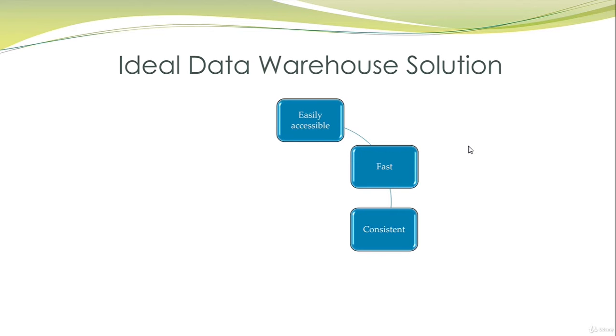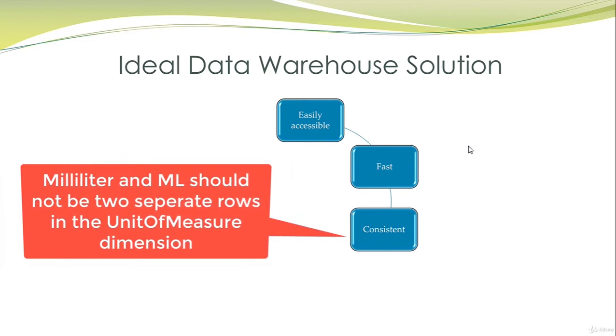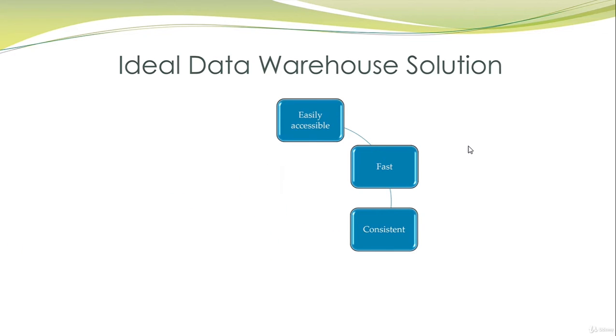For example, if the unit of measure from one system is milliliter, but coming from another system is, let's say, ml, we don't want to have two rows in our dimension that have the same meaning, so we will make sure to insert only one of these values, preferably the one that's not abbreviated.